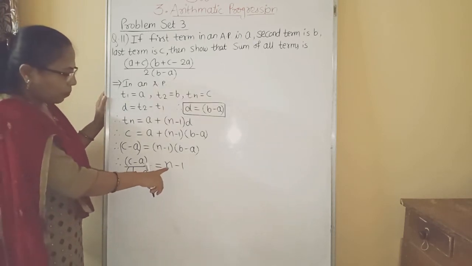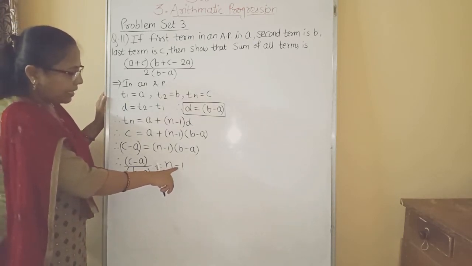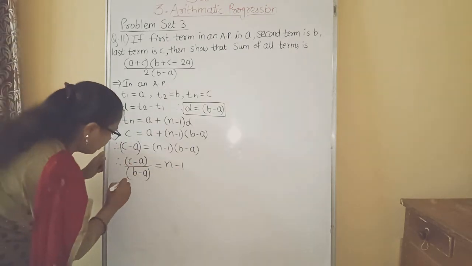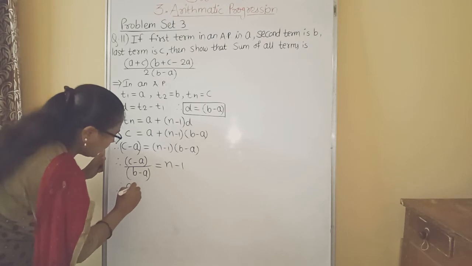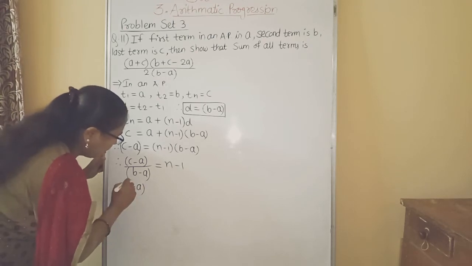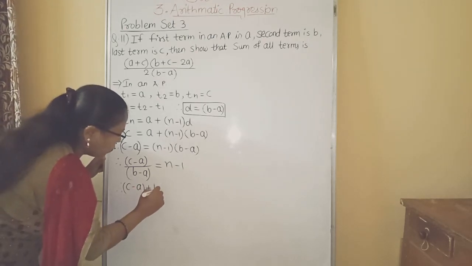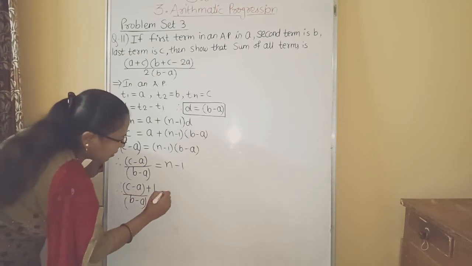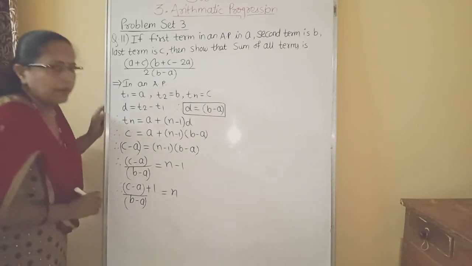Now to find n, we will take this minus 1 on this side, so it becomes plus. So (C minus A) upon (B minus A) plus 1 is equal to n.